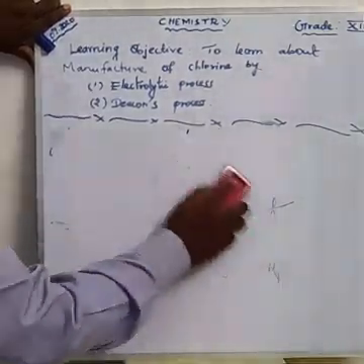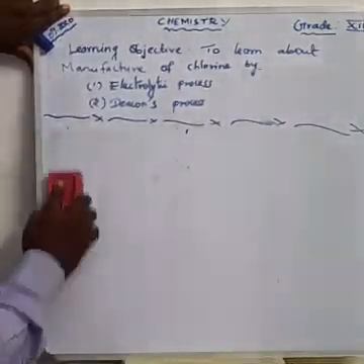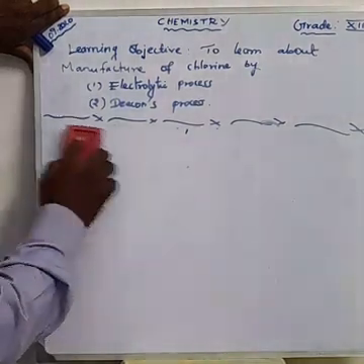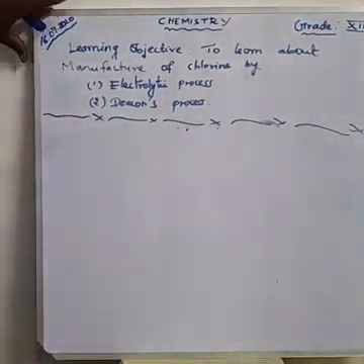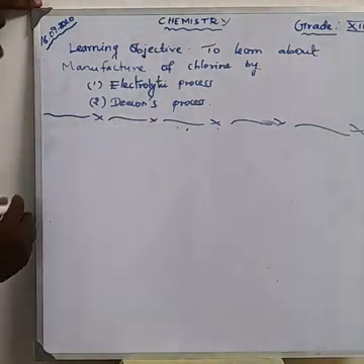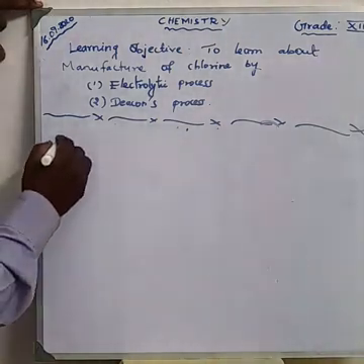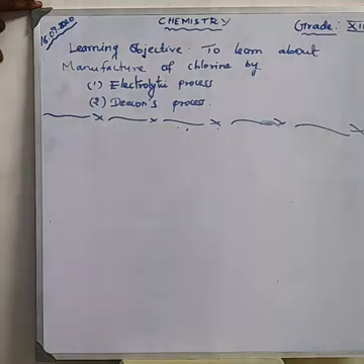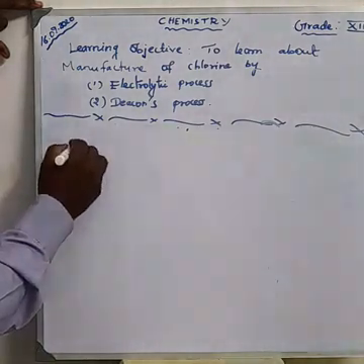Anyhow, what is today's assignment? Chlorine is prepared by the Deacon process and also the electrolytic process.